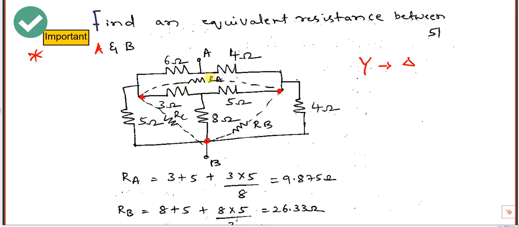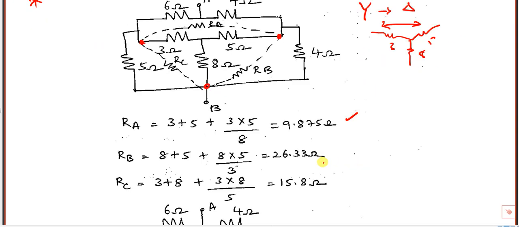Okay, here I will write 3, 5, 8. So the equivalent between this and this is 3 plus 5 plus 3 into 5 divided by 8. So we'll get 9.87.